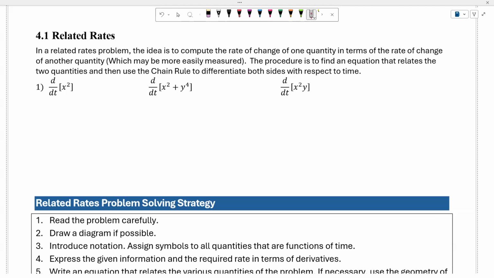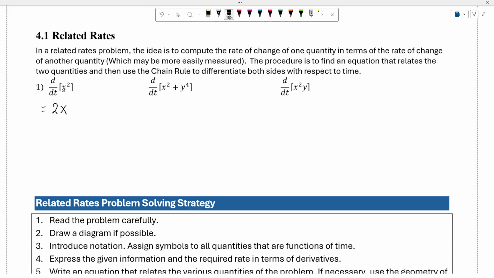First, we would like to learn how to actually take the derivative with respect to time. The idea is really similar to the chain rule that we have learned before. For example, if I want to take the derivative of x squared with respect to t, the derivative of x squared will be 2x, but x is my inner function.